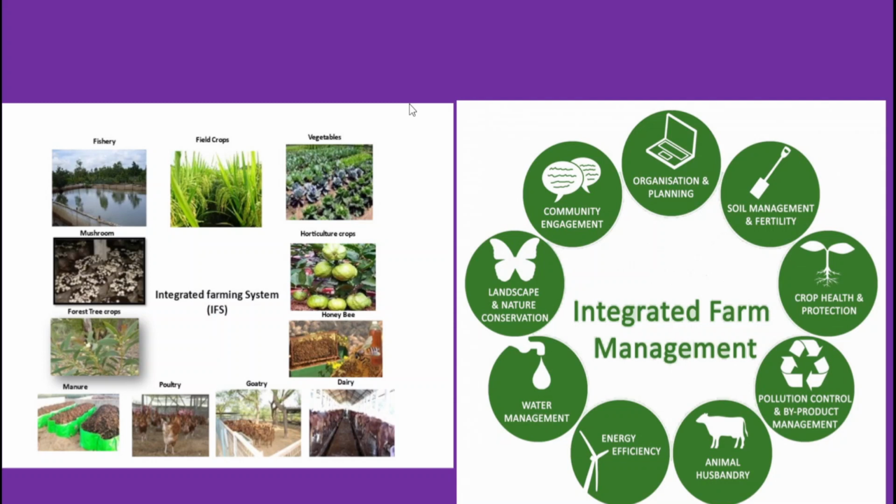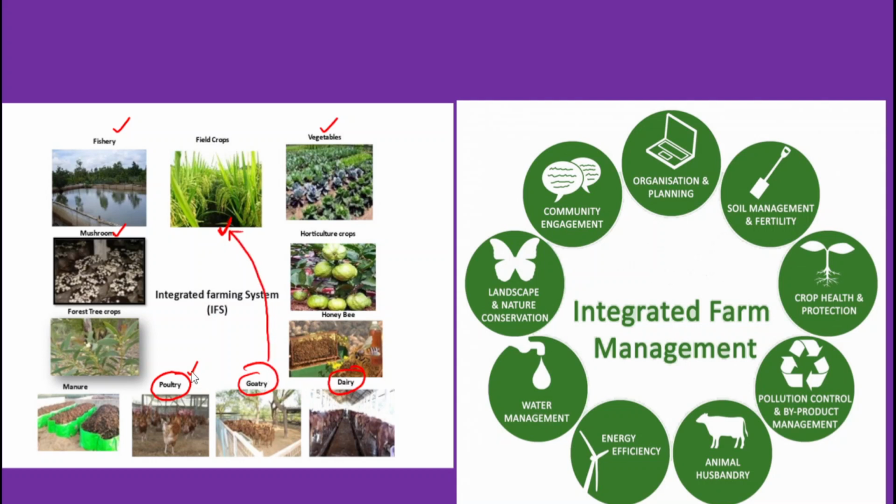Rather, when we are farming, we use farming as an avenue for alternative income. For example, when a farmer is cultivating a rice crop, side by side he should also focus on the horticulture sector, fishery, mushroom, and poultry farming, because in integrated farming, the waste generated from the poultry, goatry and dairy sector can be used for the agriculture sector.